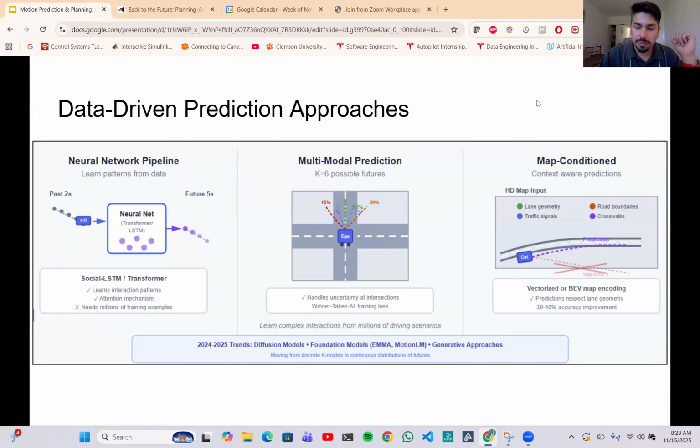You are just giving an open loop prediction about the future of these agents. This is one of the challenges, and we will talk about it later on. But just having some map-aware predictions can improve our prediction by 30 to 40%.